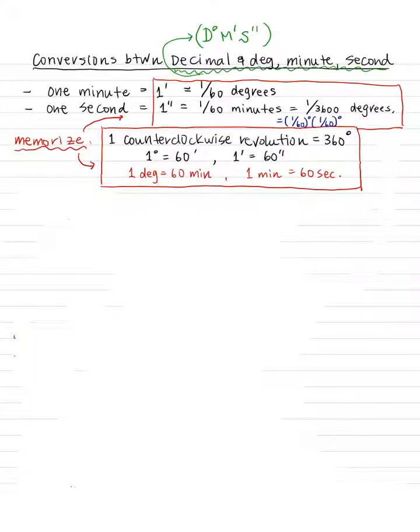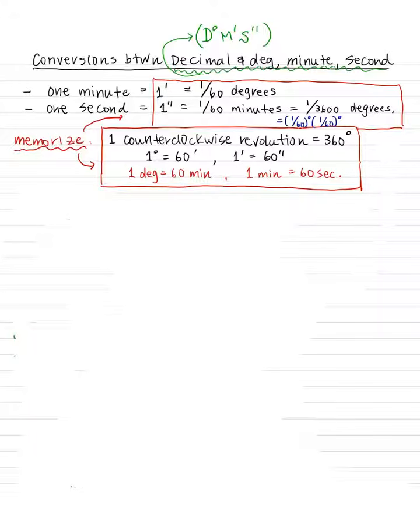The next topic is conversion between decimal and degree, minute, and second. The notation for degree, minute, second is denoted by D circle, M apostrophe, and S double apostrophe. The things that you must memorize: 1 minute equals 1 over 60 degrees.